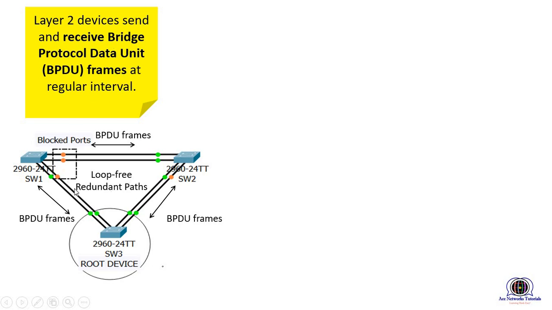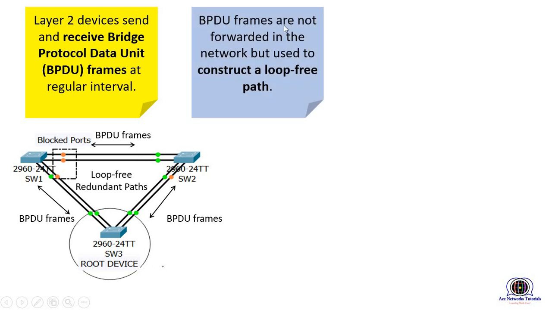As you can see in this figure, switch 1 and switch 2 are both exchanging BPDU frames. Similarly, between switch 3 and switch 2, BPDU frames are exchanged, and so on. These BPDU frames are not forwarded to the network but are used to construct a loop-free path. Because of these BPDU frames, you will have a loop-free topology running in your network.